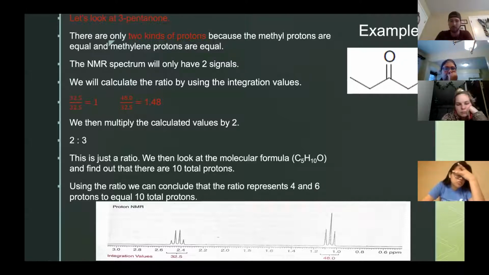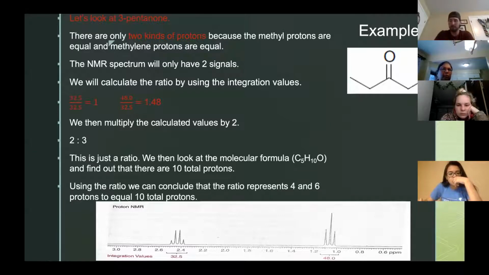So the smallest one will be 32, or 32.5. So we're going to divide each of these numbers by 32.5 seen here. We'll get 1 and 1.48. Therefore, we're going to multiply each of these numbers by 2 to get whole numbers, and our ratio is 2 to 3.